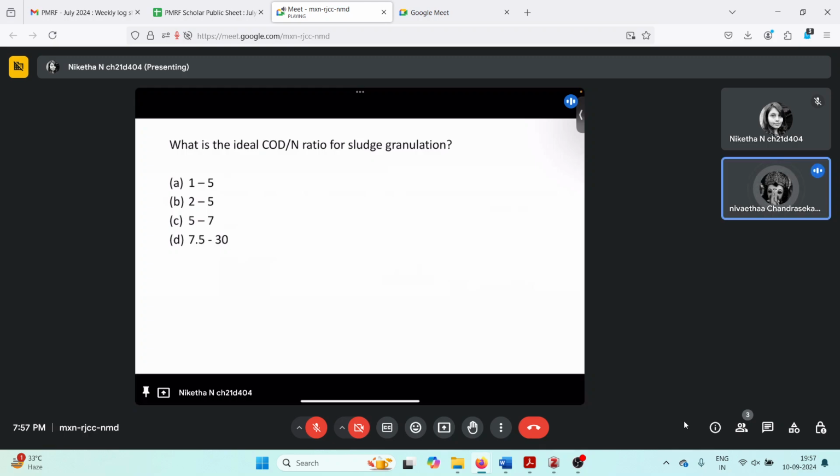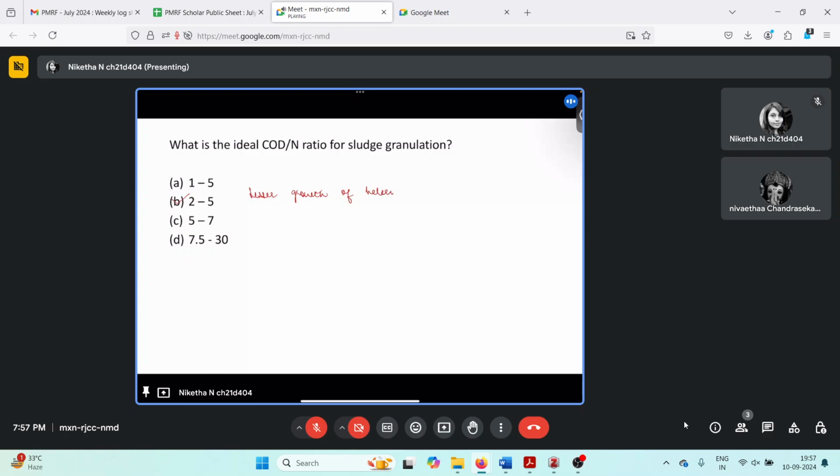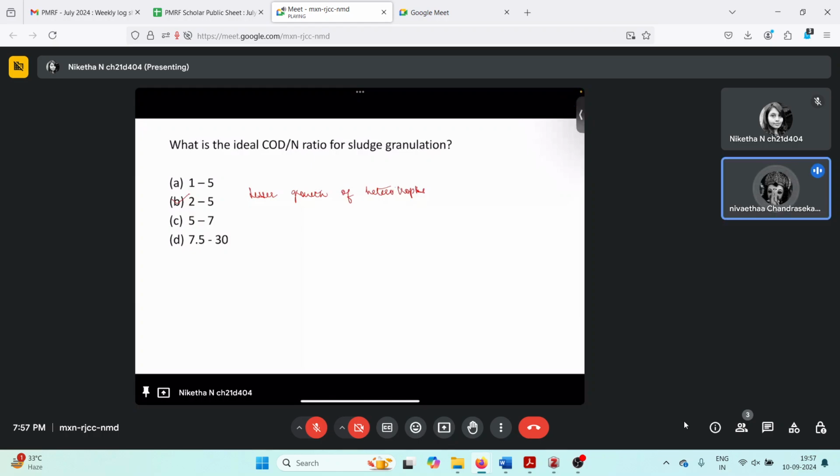At this ratio between 2 to 5, the rate of heterotroph growth is low, because most of the bacteria we use for the activated sludge process are autotrophs.